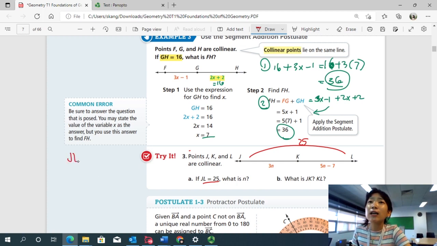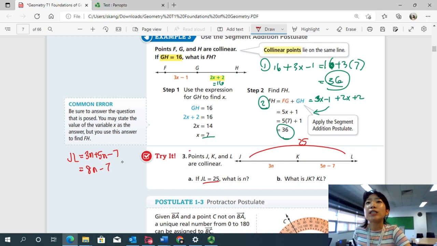And say JL could be represented by the expression 3n plus 5n minus 7. And when you simplify the like terms, you get 3 plus 5, 8n minus 7. If you don't know how to add like terms, please go back to algebra in IXL and practice those skills and come back.